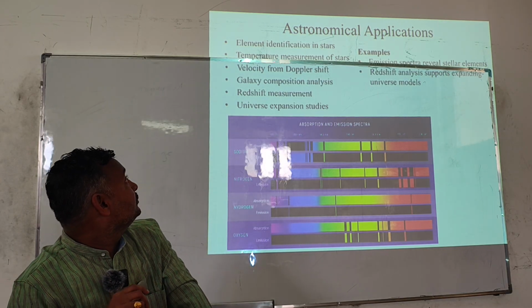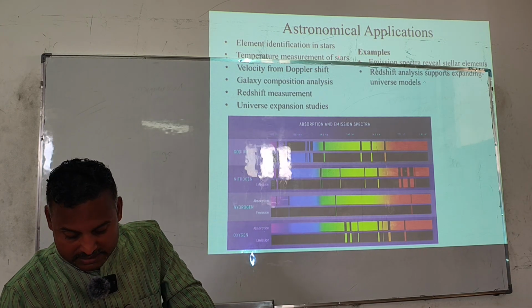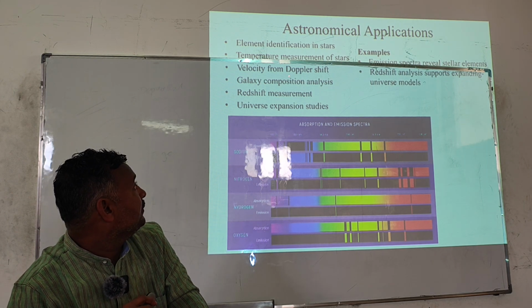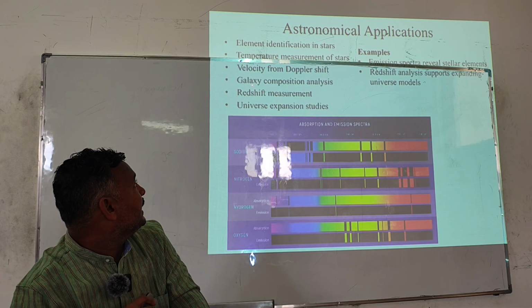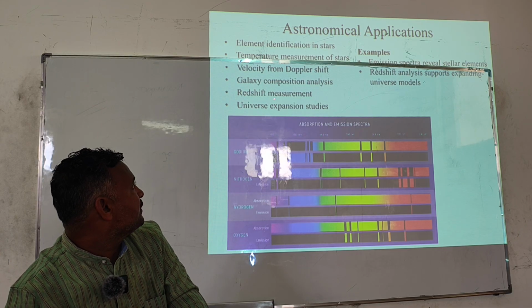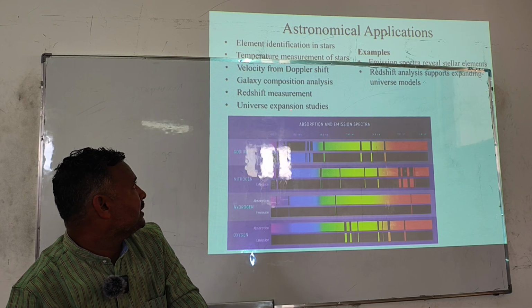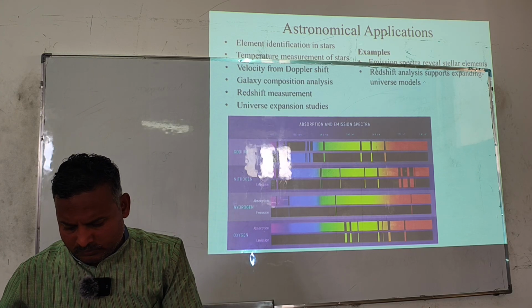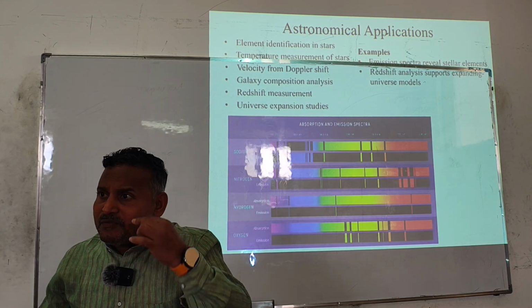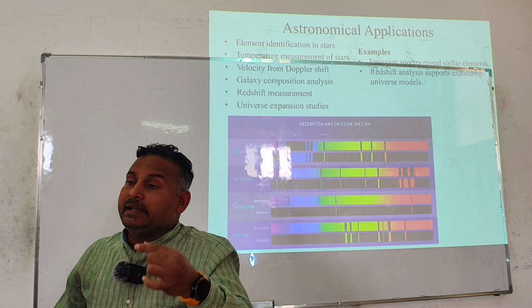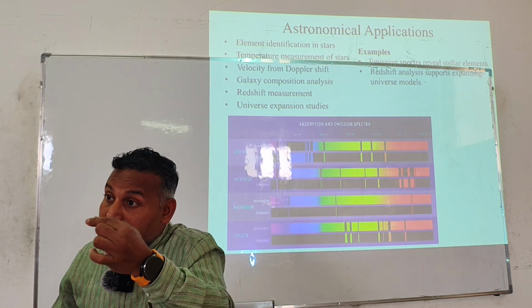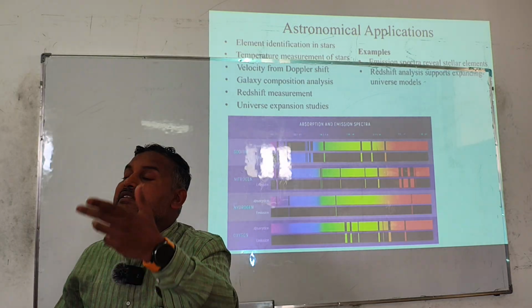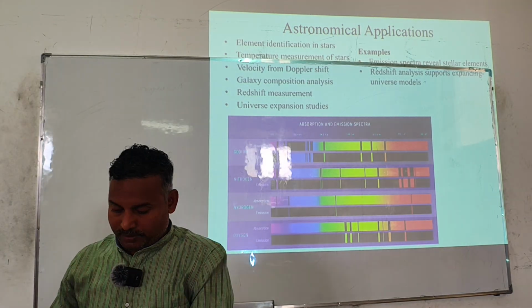Okay, so element identification in stars, temperature measurement of stars, velocity from Doppler shift, galaxy composition analysis, redshift measurement, universe expansion studies. All these can be used. In all these studies, somewhere we are using the interaction of radiation with matter, which we call spectroscopy.